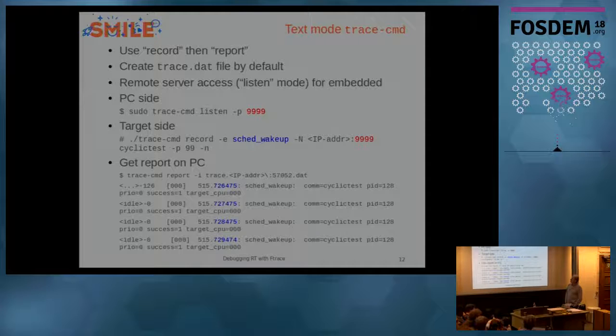So trace-cmd record -e sched_wakeup, and you will see, if you report on the PC, it's much better to do that on the PC, and the file is on the PC. You play the file, and you can check there is a 1 millisecond difference between each event.